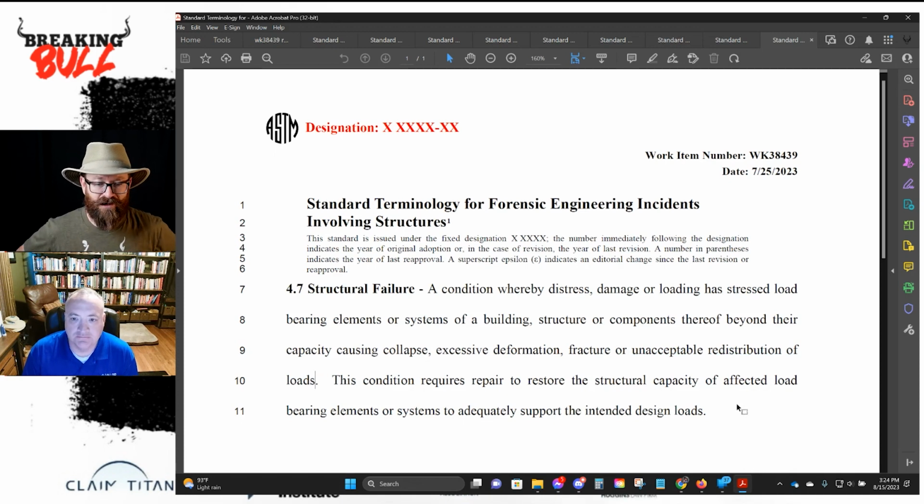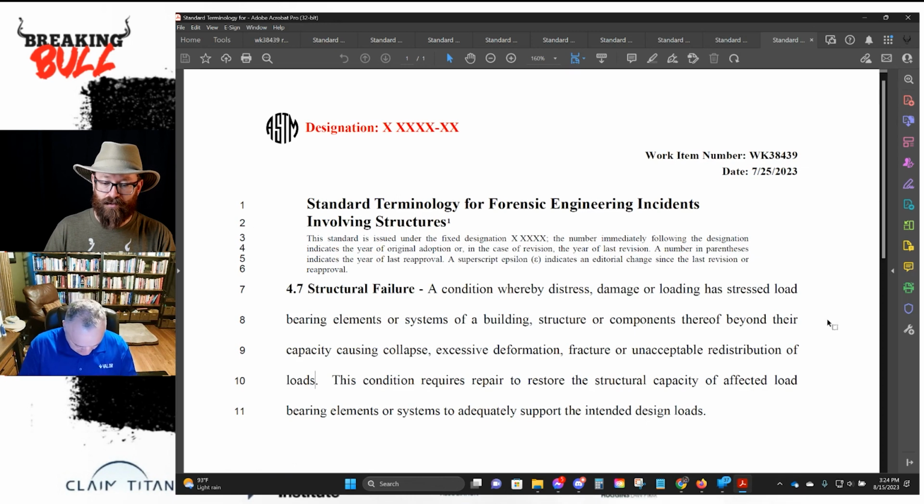I mean, if you're talking about a failure in general, if this were to be applied as a functional damage type definition, or to say that even ASTM or ICC says that this would not be considered a structural failure if it's cosmetic damage or something along those lines. A condition where distress, damage, or loading has stressed load-bearing elements of a system or a building structure or components thereof beyond their capacity, causing collapse, excessive deformation, fracture, or unacceptable redistribution of loads.